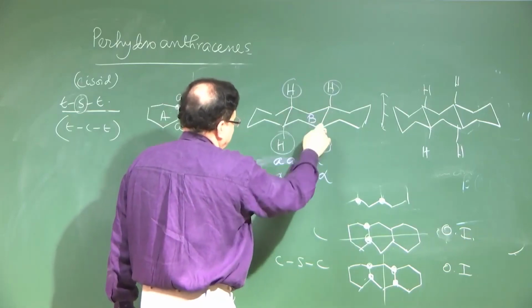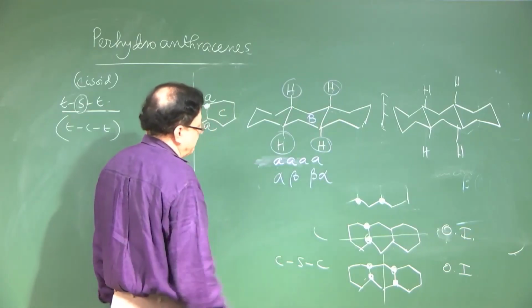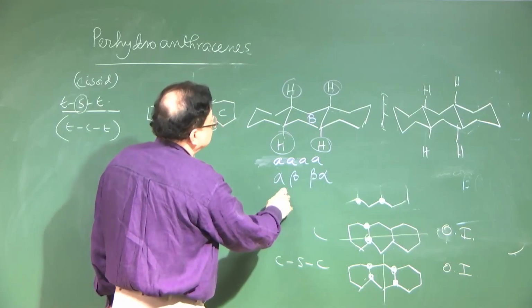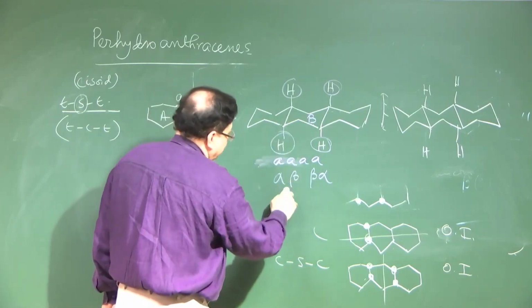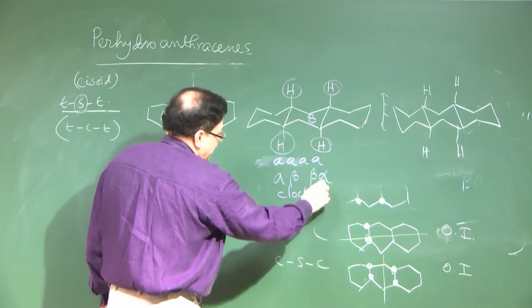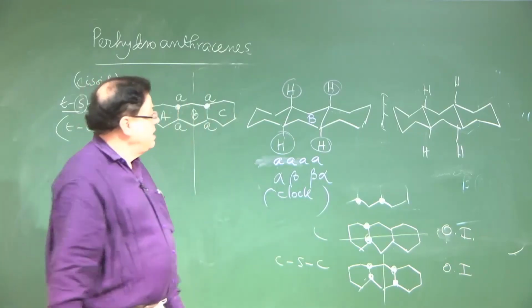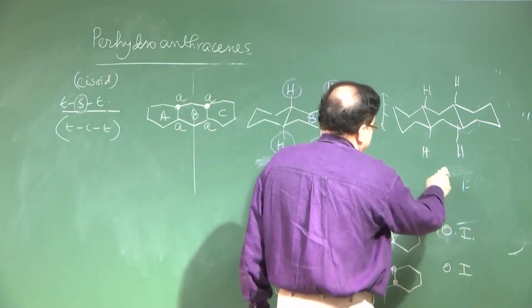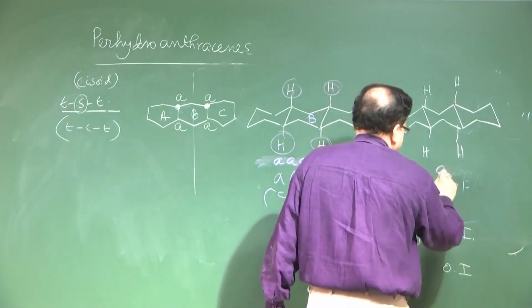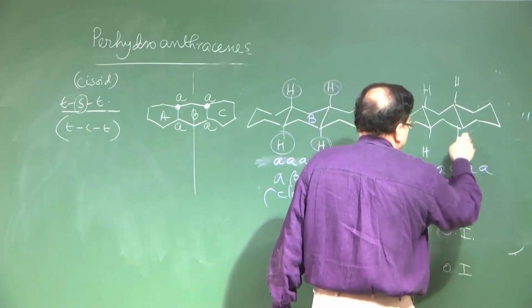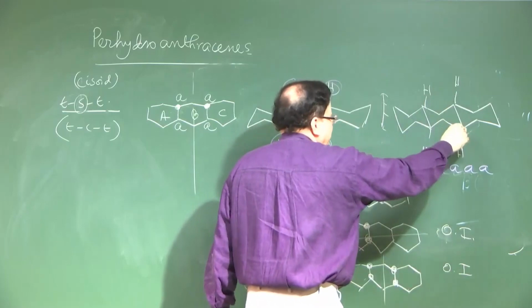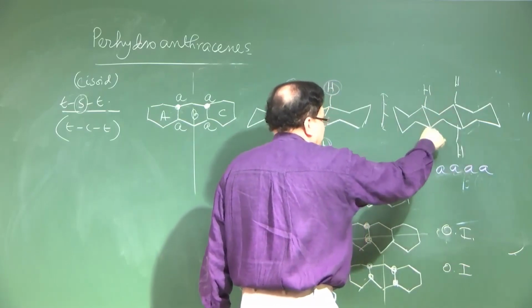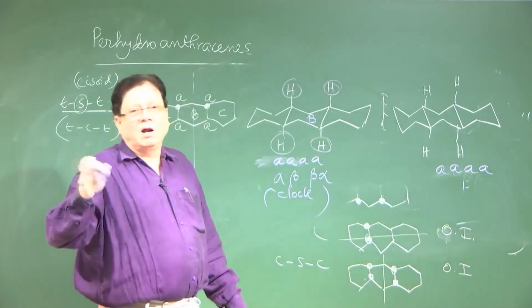if you go this way, then the direction is clockwise. Okay. The direction is clockwise, and if you do the same thing here, see axial, axial, axial, axial. Of course, you can take from here go to there, or you can go from here come to here, that is also okay, because all are actually axial.